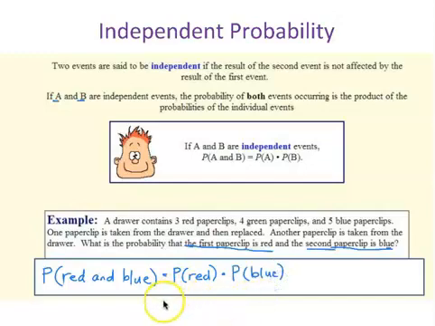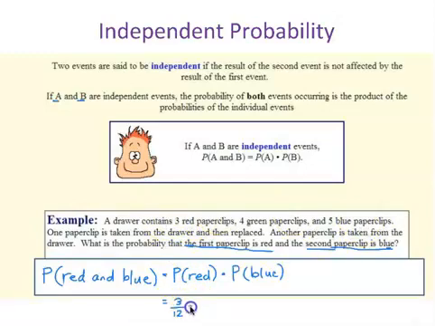So what is the probability of choosing a red paper clip? How many red paper clips are there? Looks like there's 3 out of the total number. So we've got 3 plus 4 is 7 plus 5. Make sure I have that right. So that is a total of 12, right? If we add up all of our paper clips, we have a total of 12 to choose from.